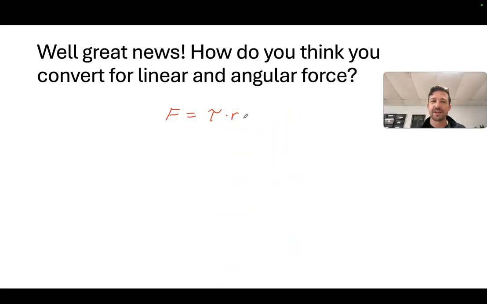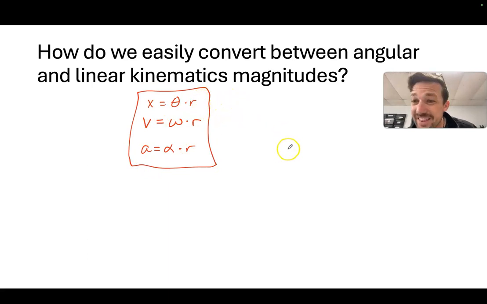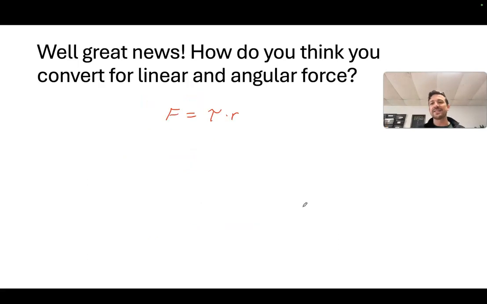It's sad because on this other PowerPoint, it's nice and easy, and you just want everything to work like this. If I take an angular and I multiply it by r, then I have a linear. That's the way that you want it to work. Linear is equal to angular times radius. If it's like that every time, it just makes it easy to remember. But it's not like this on this one.